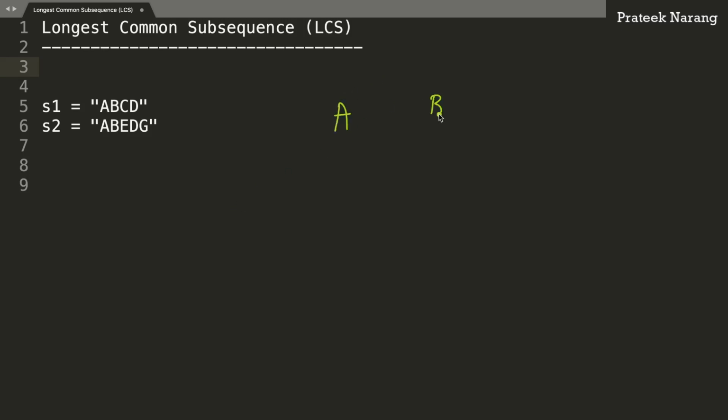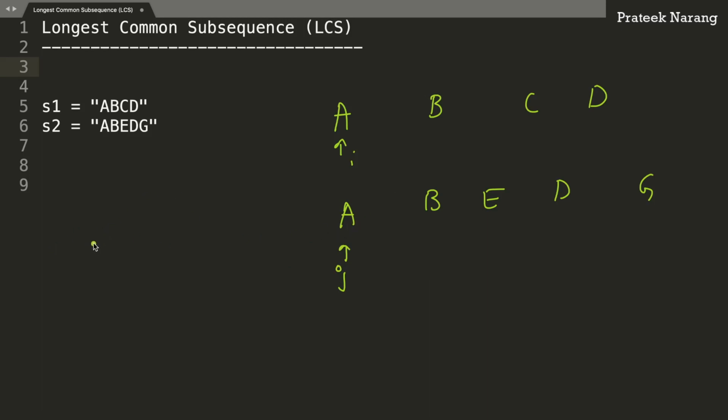What you can do is keep two pointers at the start of every string. Let's say this pointer is I and this pointer is J, right? If the values at these indexes match, that means we can include this character in the common subsequence.